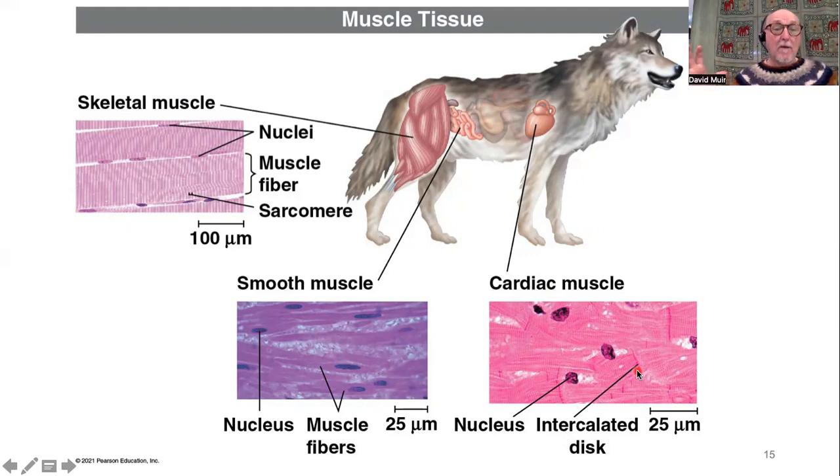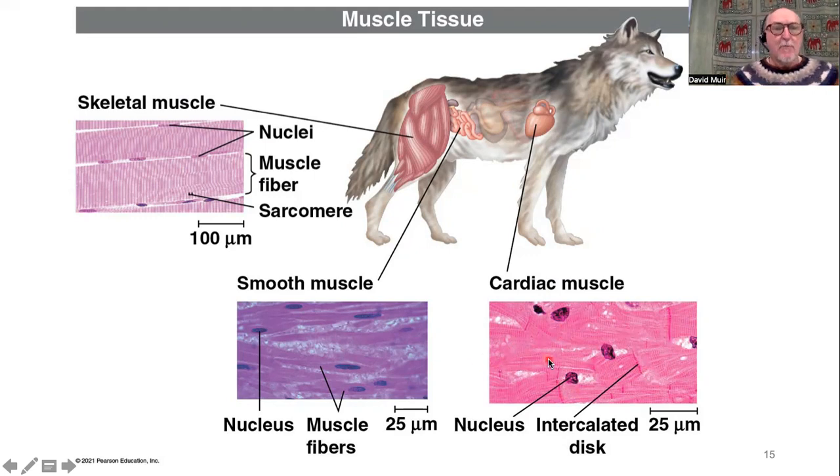So when the muscle contracts, it pulls the intercalated discs towards one another. They have very prominent nuclei, but the most distinctive feature of cardiac muscle is that the fibers are branched, and all of the fibers are linked by those branches.